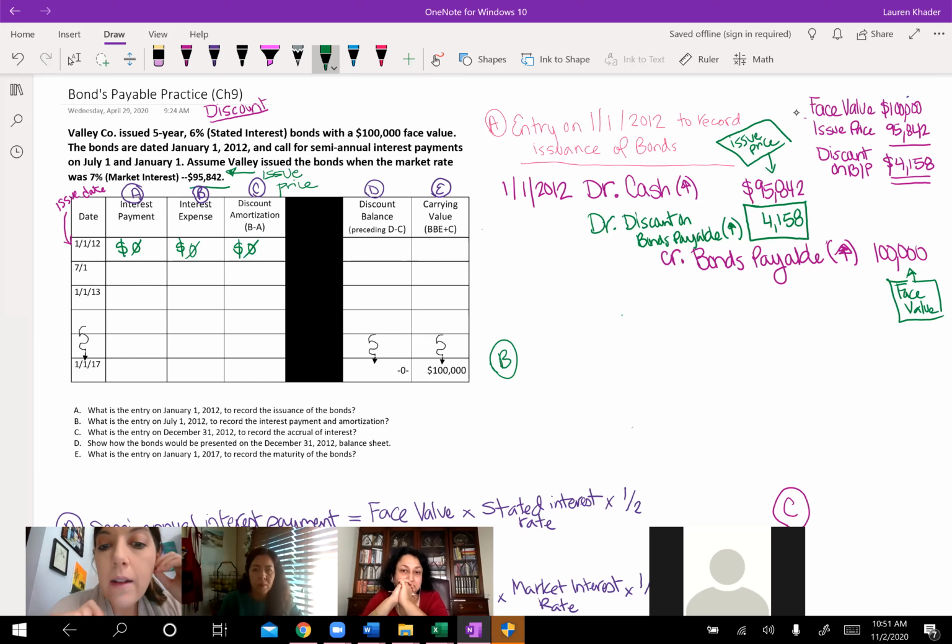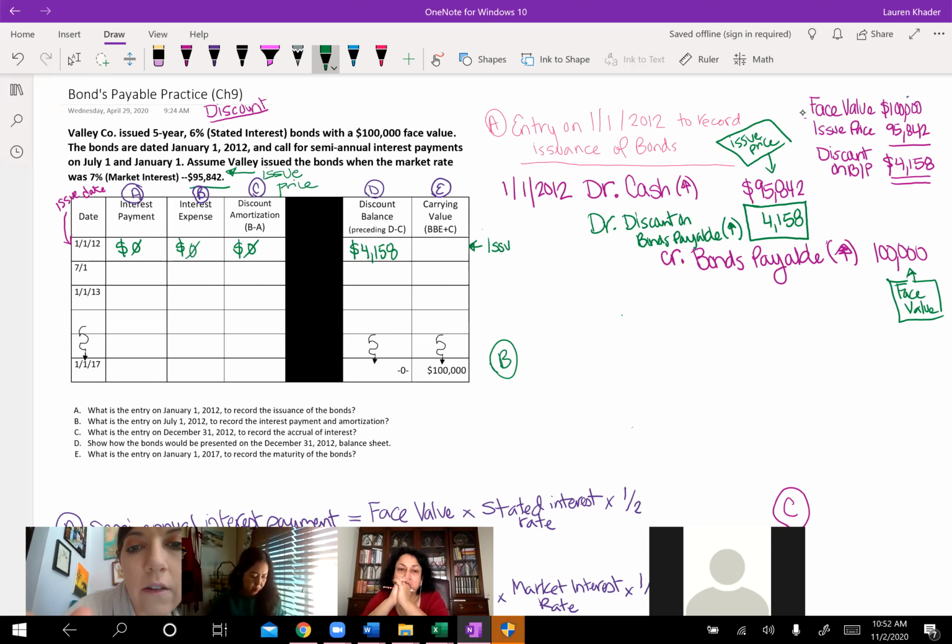The discount balance is the initial difference between face value and the issue price. So 4,158. And the carrying value is always equal to the issue price.